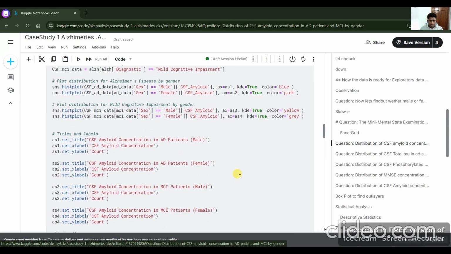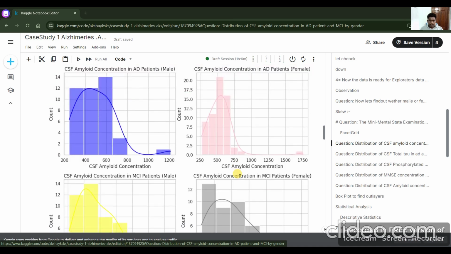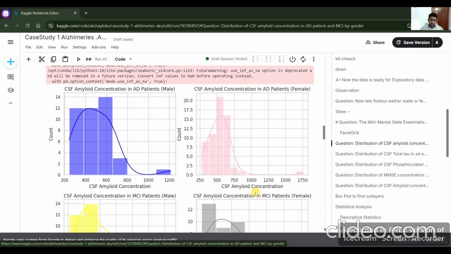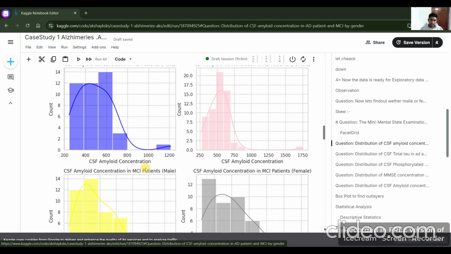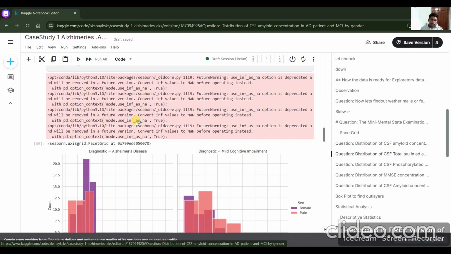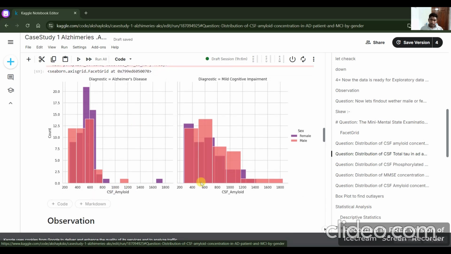We can see similar concentration, female graph, and then it says similar male. Then factory graph we can see, similar, female is blue, male red.